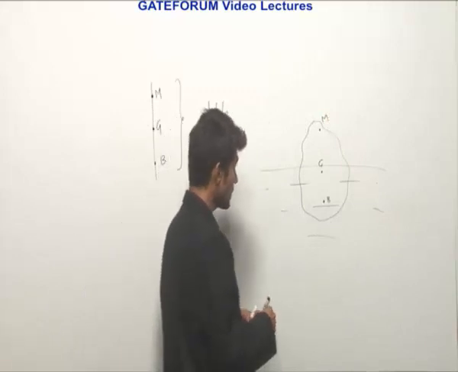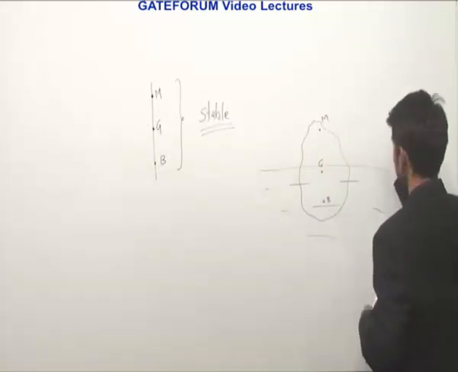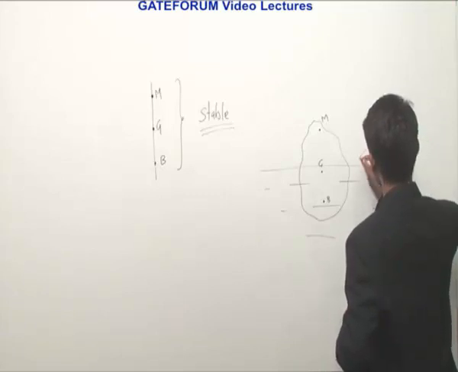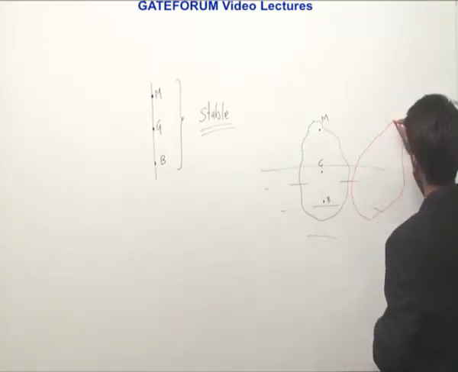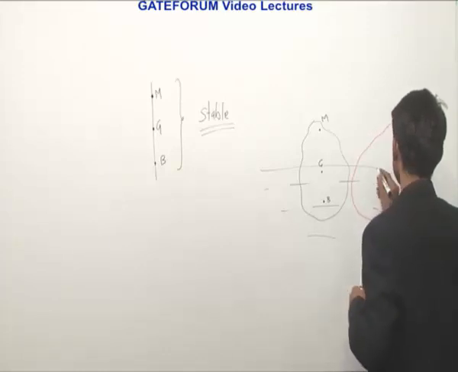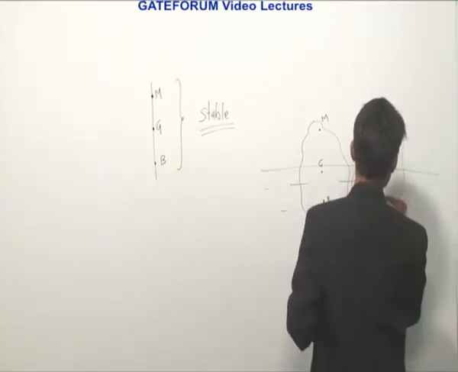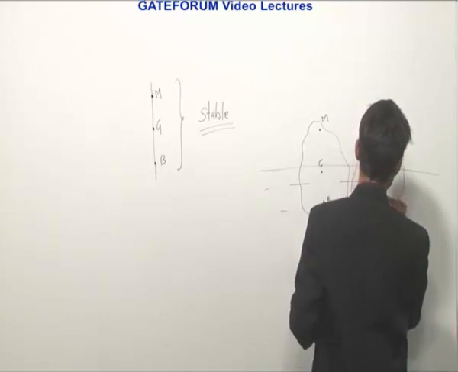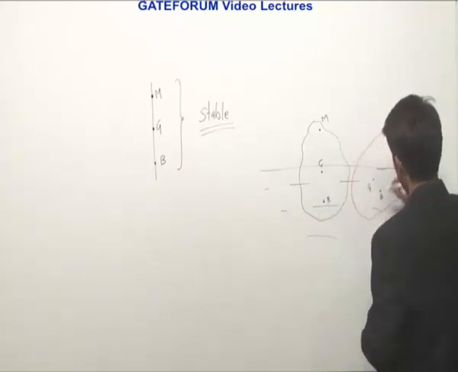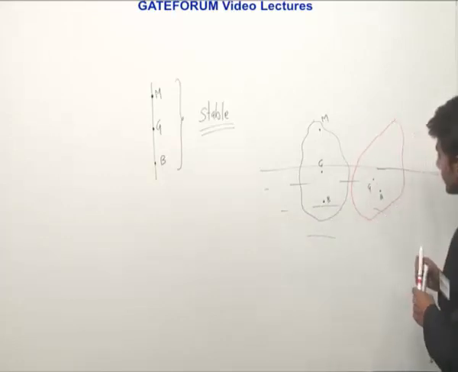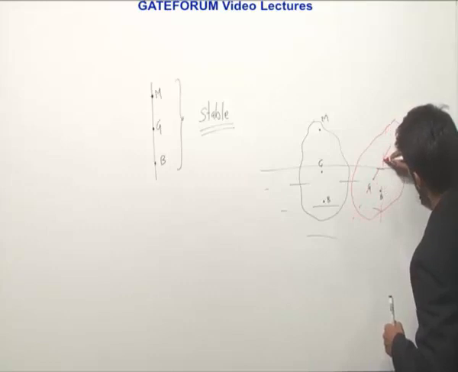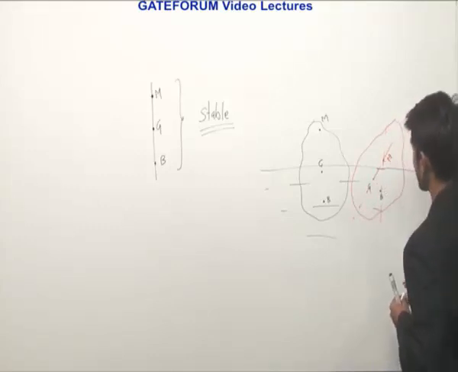Now what will happen when we tilt this body? On tilting, the buoyancy point will reach somewhere over here. The center of gravity is still here only, and as defined, the line joining these two will form some metacenter.